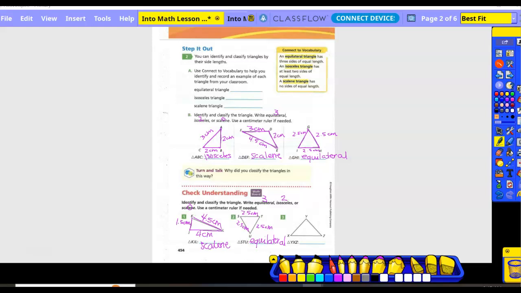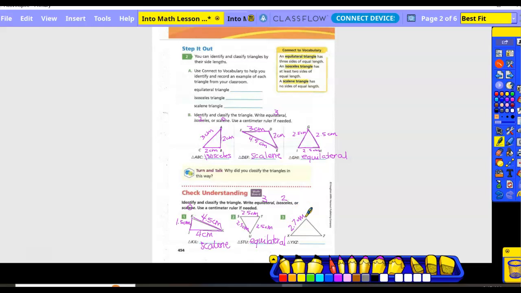How many millimeters are there in a centimeter? 10. Do we know our decimal place up to 10? Yes. So can we go ahead and write that in a decimal form? So can we go ahead and write 2 7/10 of a centimeter? Yes.